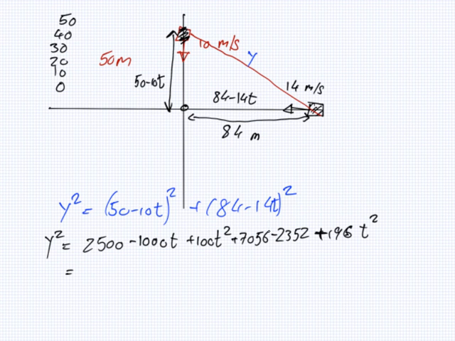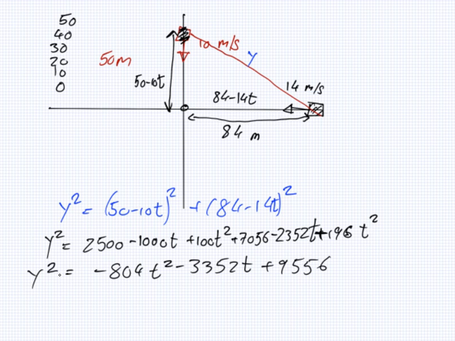Sorry, I lost my t on this one. So minus 1000 plus 196 is minus 804... Actually, combining: 296t squared minus 3352t plus 7056 plus 2500, which is 9556. That's the y squared.